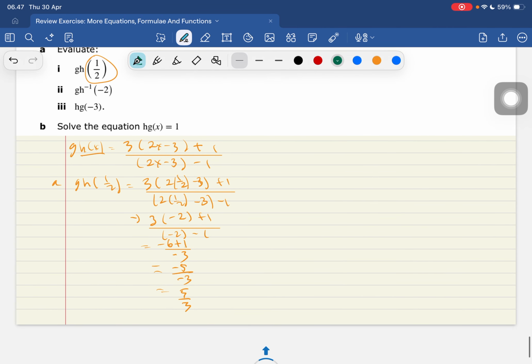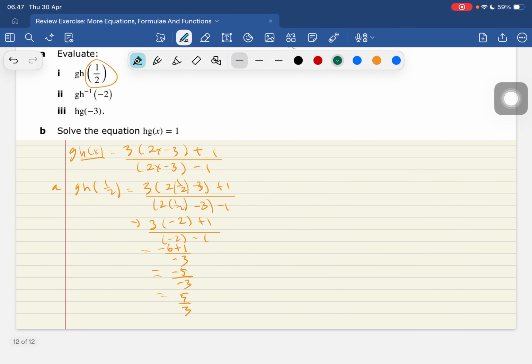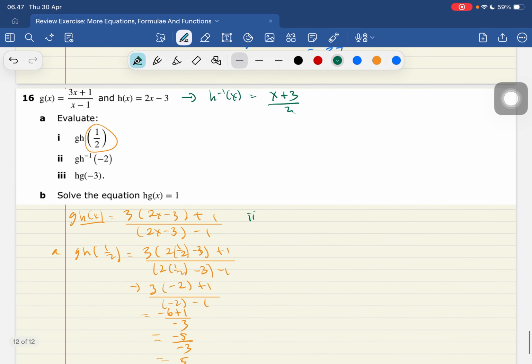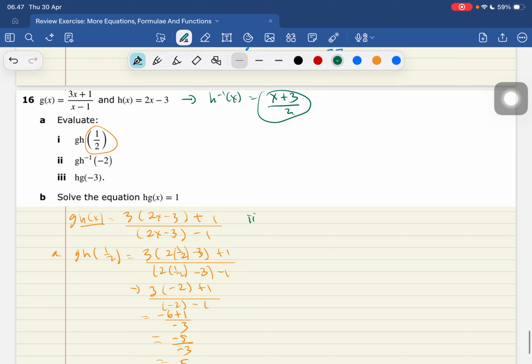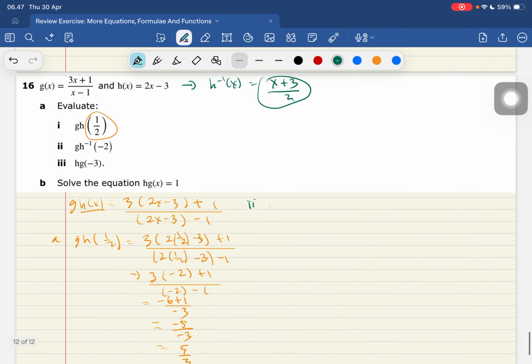Here is the same thing, however, instead of inputting 2x minus 3, we will input x plus 3, and then divide by 2. So 3 times x plus 3 divided by 2, plus 1, we divide by x plus 3 divided by 2 and then minus 1.